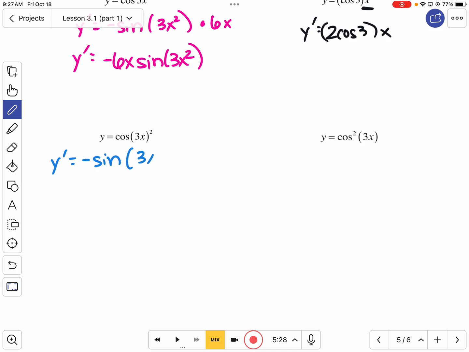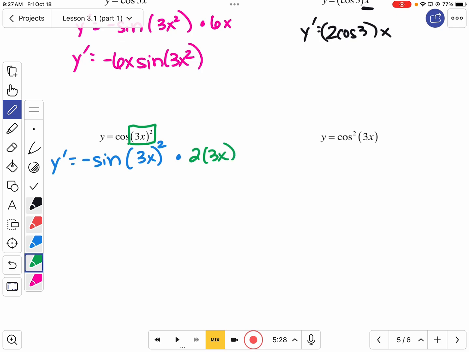We're going to keep that 3x squared times the inside stuff. The inside stuff is a composition, so we're going to do chain rule again. That's going to give me 2 times 3x to the first power, and then the derivative of 3x would be 3.